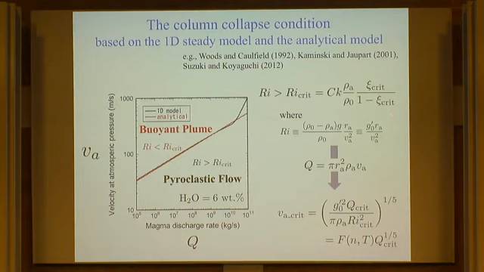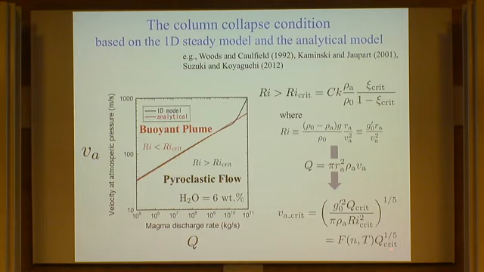Using this critical Richardson number and the definition of magma discharge rate, we can get a very simple relationship between velocity after decompression or compression and magma discharge rate, like this.